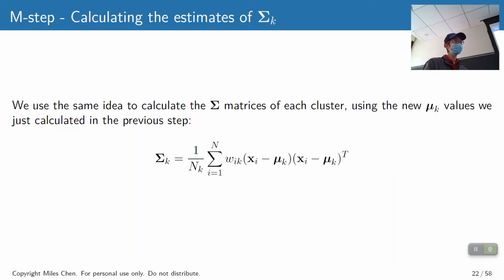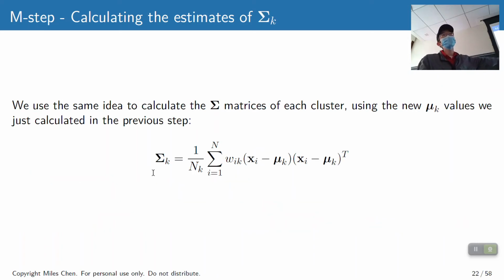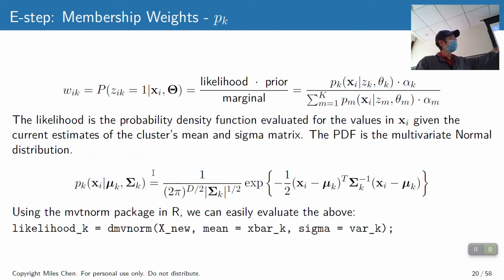Does that make sense, what we're doing? I want to make sure that getting the centroid and the variance, or the mean and the variance, for our clusters makes sense. I also want to make sure that how we calculate our membership weights makes sense, because those are the two biggest components of this.